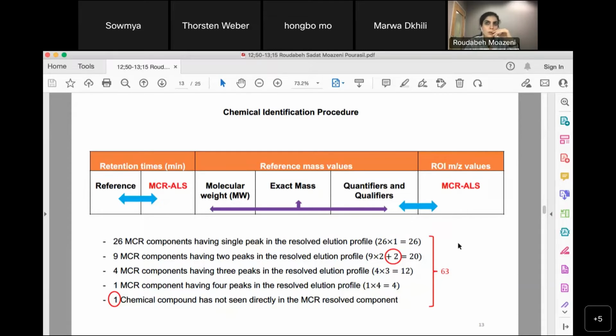Also, because we did augmentation before ROI-MCR, in the resolved elution profiles we saw more than one peak. Some of the resolved elution profiles have 2 peaks, some have 3 peaks, and some 4 peaks. I will show this in the next slide. Please go to the next slide.